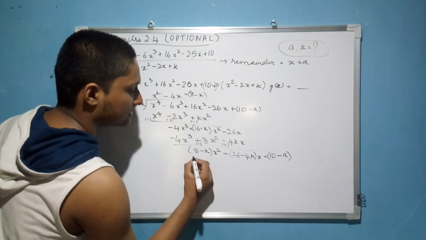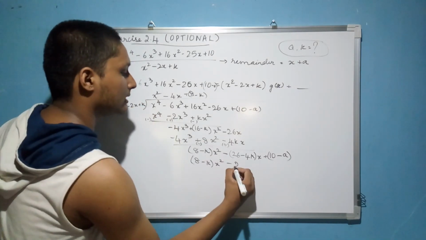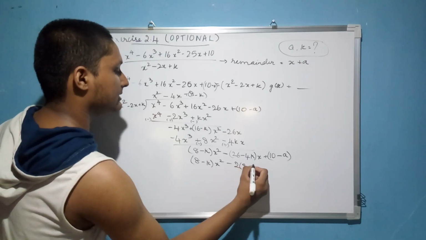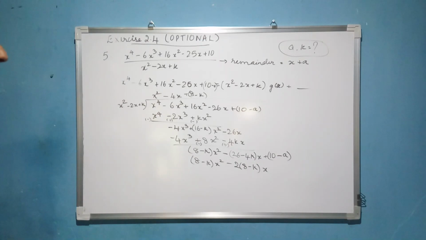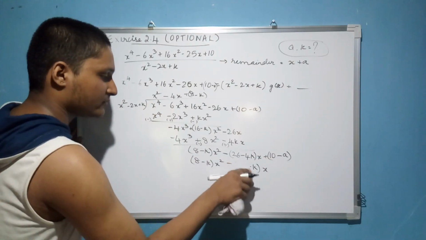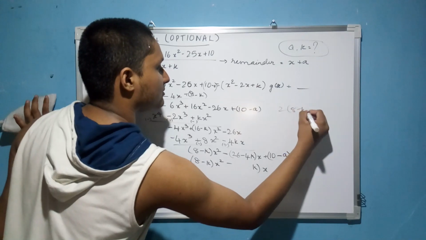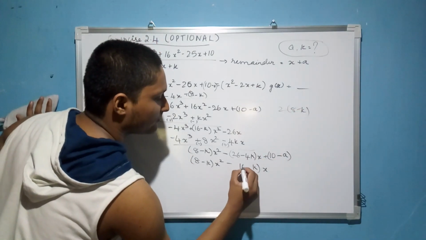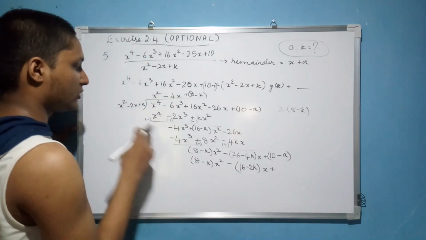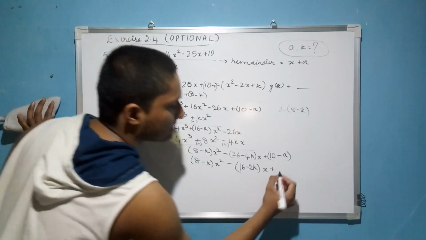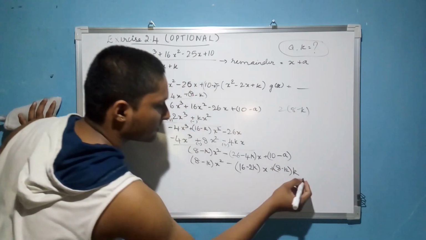This is 8 minus k into x square, minus 2 times 8 minus k, that is 16 minus 2k, plus k into 8 minus k.